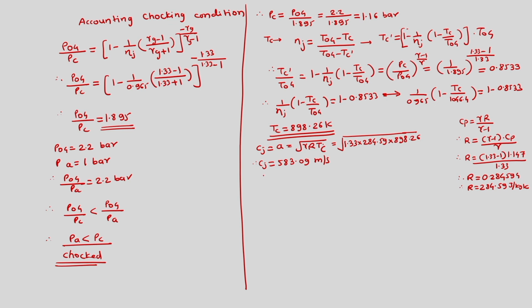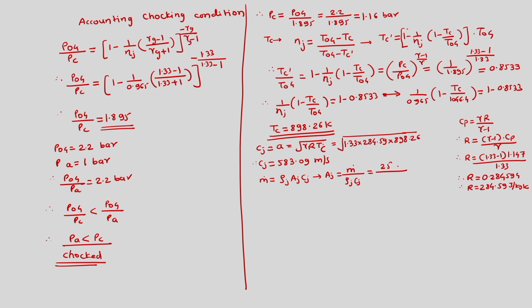Knowing this Cj, we could calculate thrust, but before that we have to calculate the thrust based upon pressure. This value will give us thrust only from momentum. So let us write down the formula to calculate area, which is not given to us. We know m dot is equal to rho j Aj into Cj, so Aj is equal to m dot upon rho j Cj.